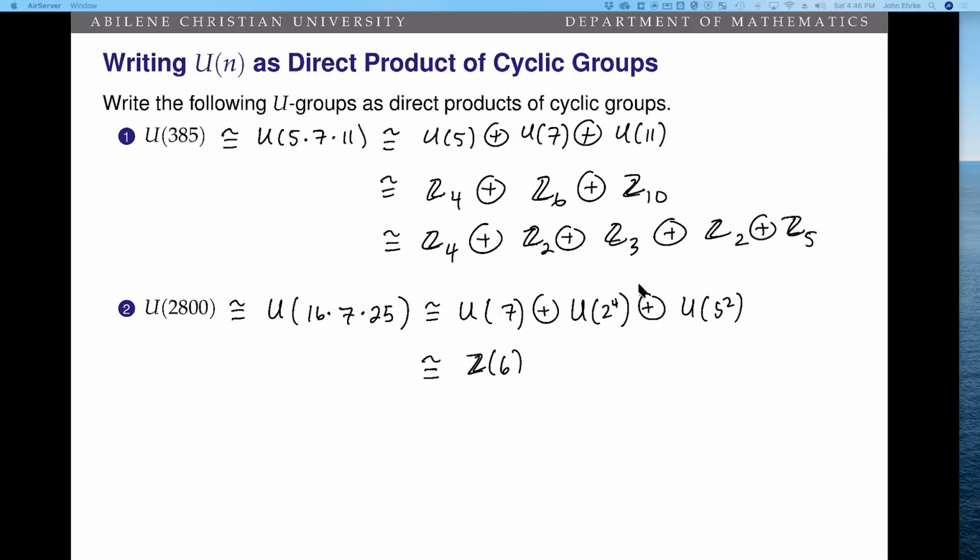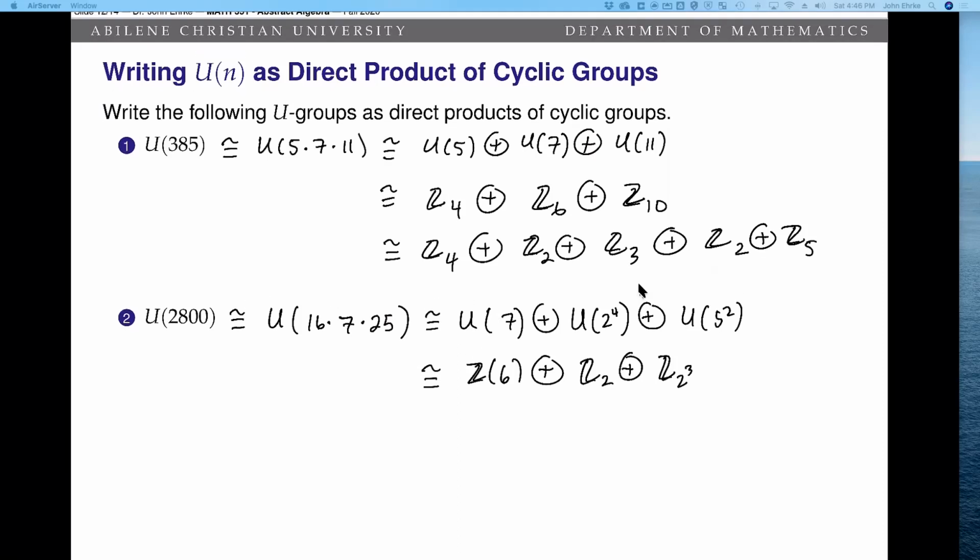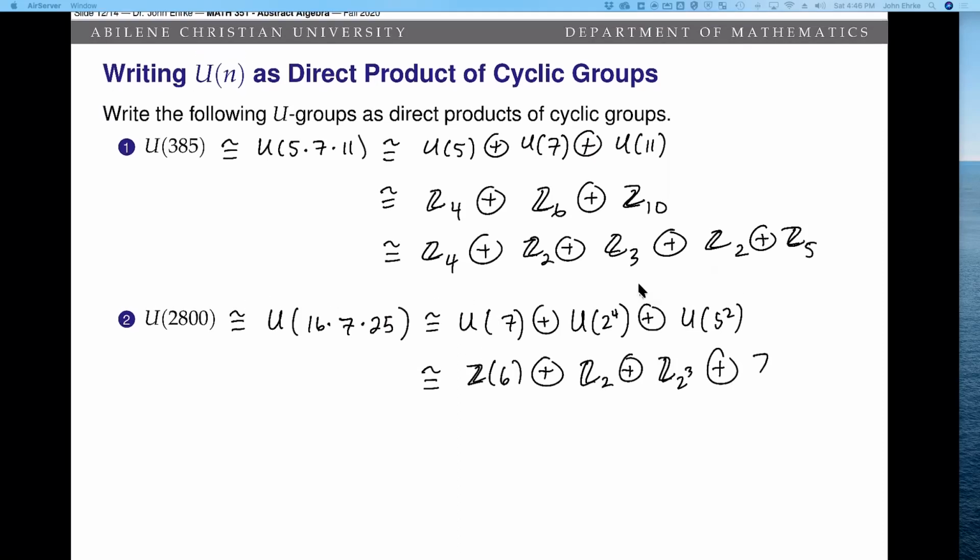So we've got Z6 cross U to the 2 to the 4 would be Z2, Z8, right, according to Gauss's theorem. And then U5 squared would be Z to the 5 squared minus 5 to the 1. So 5 squared is 25 minus 5 is 20.